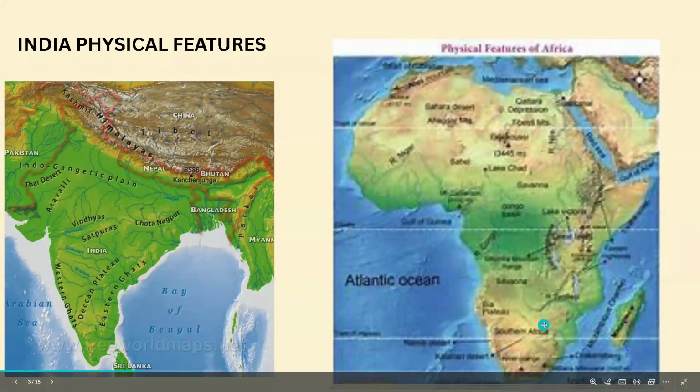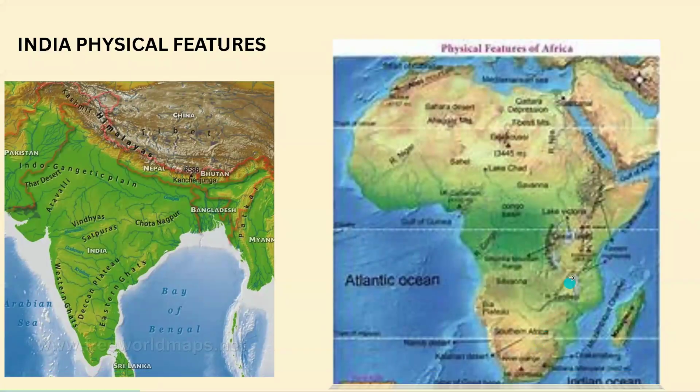And when we are comparing here, the equator is passing through the center of the continent. So on both sides of this equator, you will find an equatorial type of climate. That means heavy rainfall every day with thunders and thunderbolts, and thick forests also you will find.